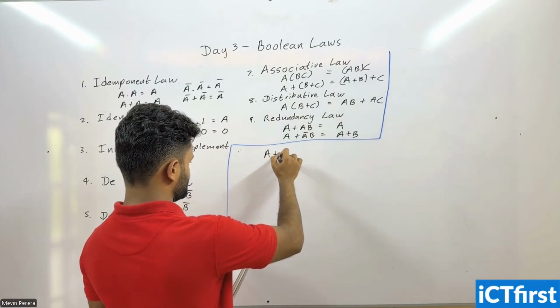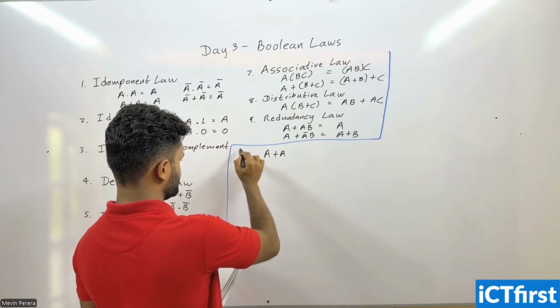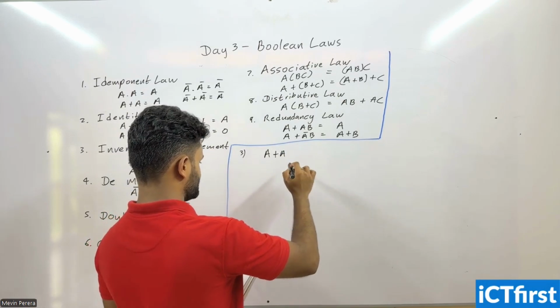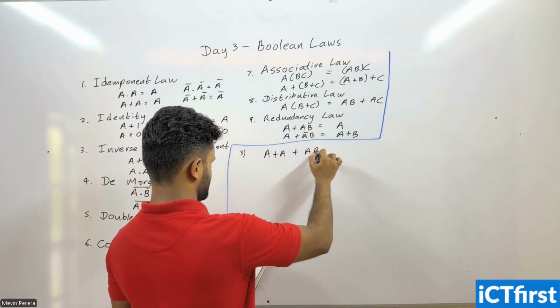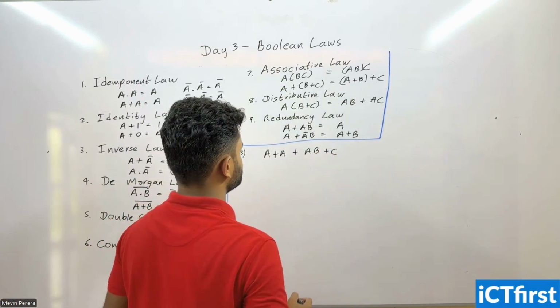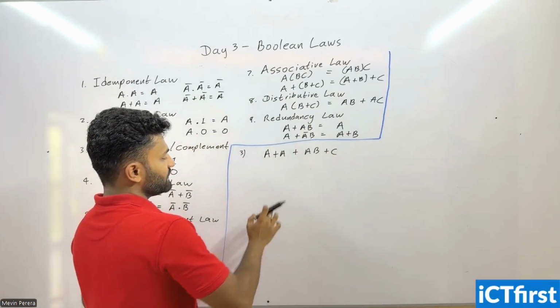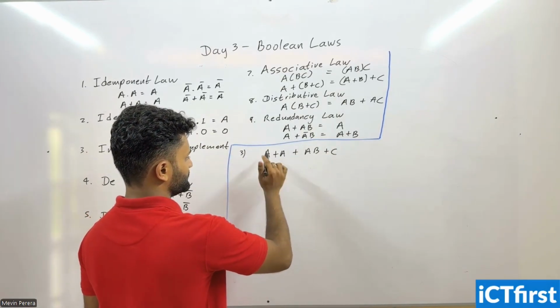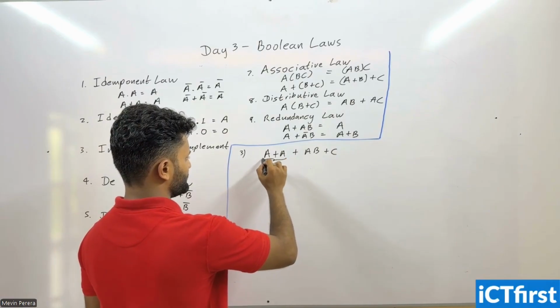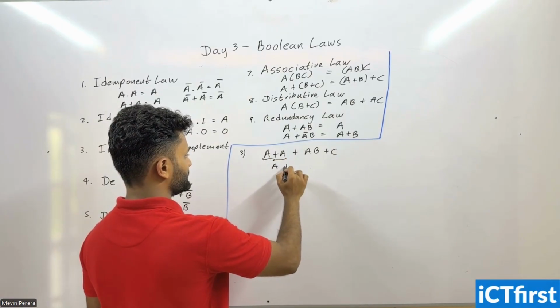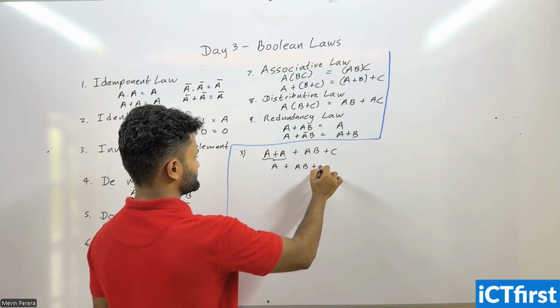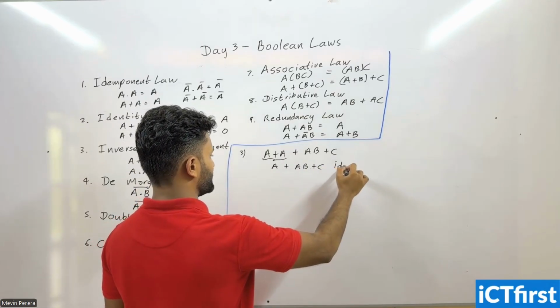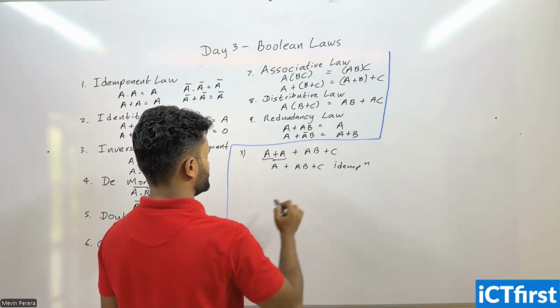So A plus A, this is the third one. A plus A plus AB plus C. As y'all can see, this is common, right? Let's take this here. A plus A is equal to A plus AB plus C. So that is equal to idempotent law.